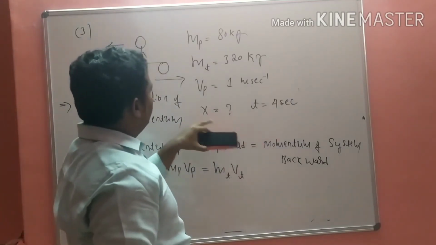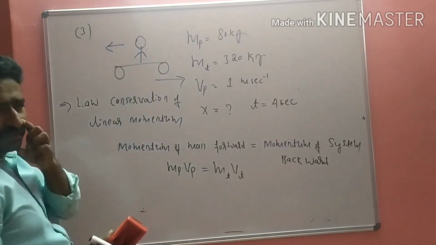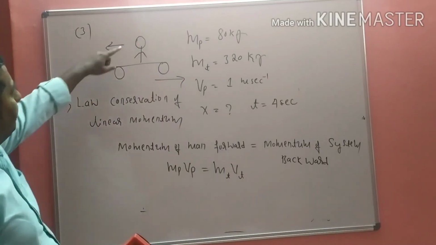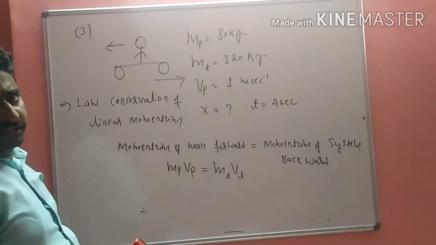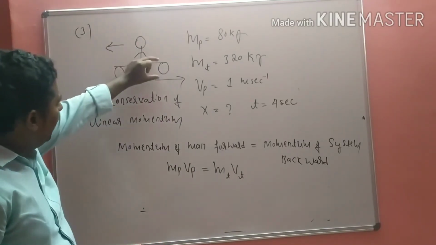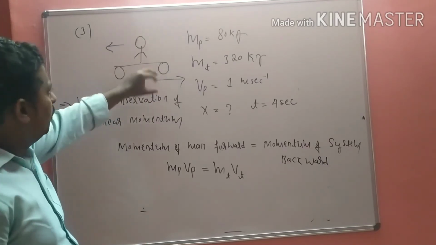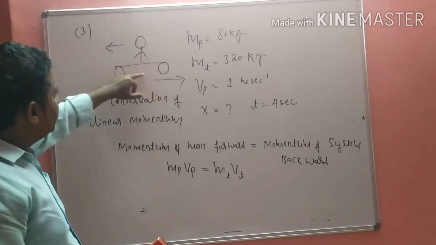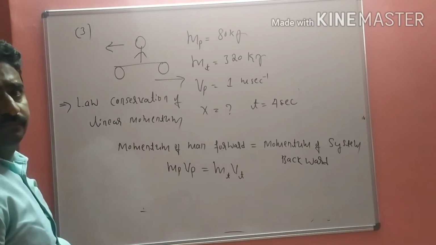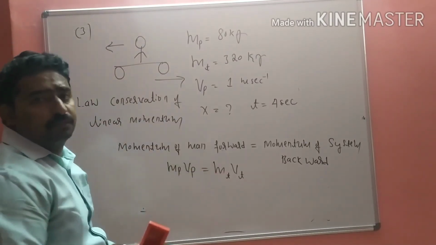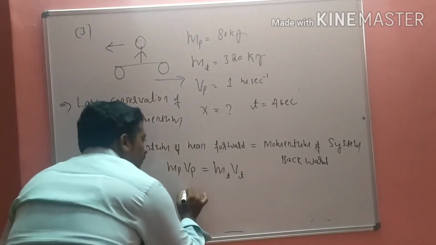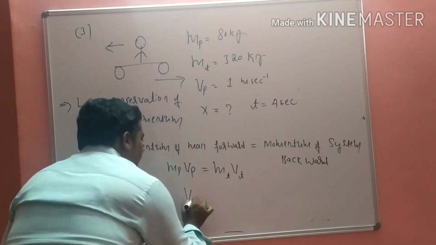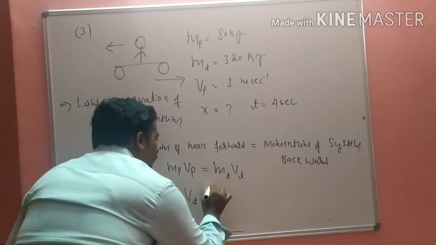Because you have to find the relative velocity between the man and the ground, as asked, you first have to calculate the speed of the trolley. So by using this concept, what is the speed of the trolley?